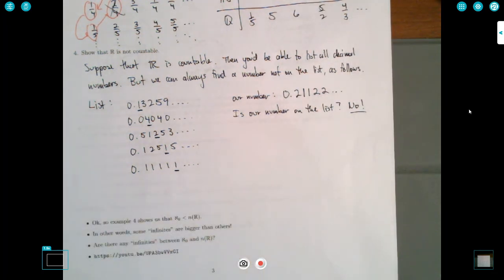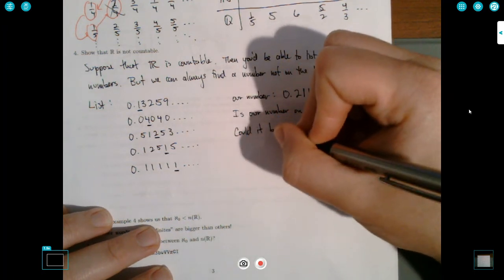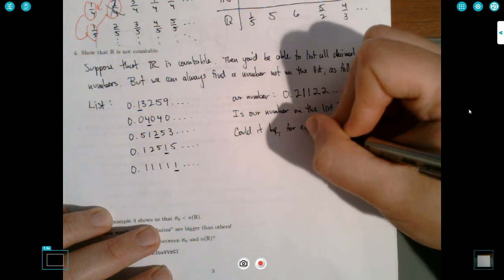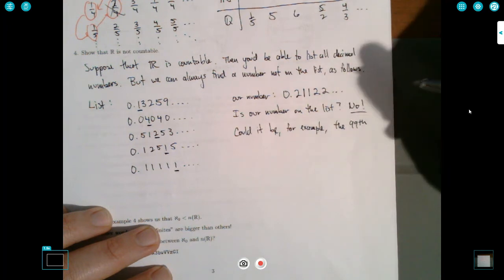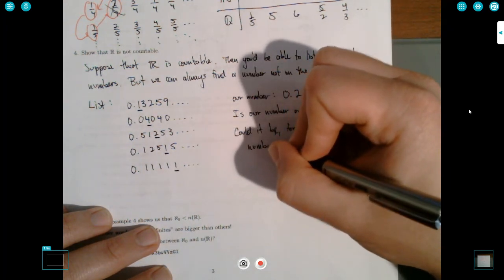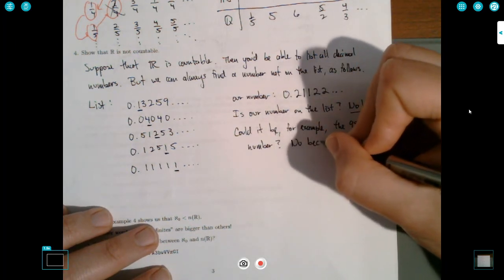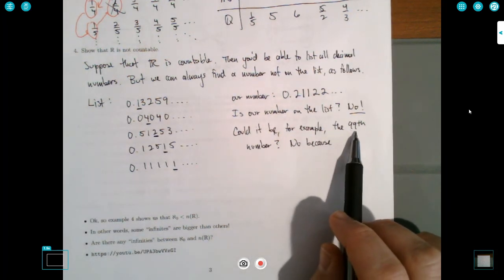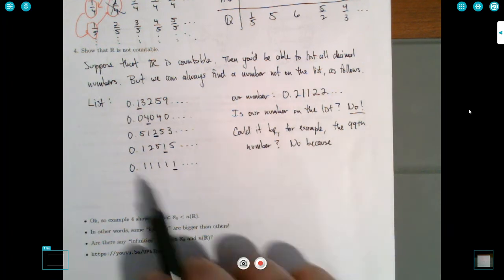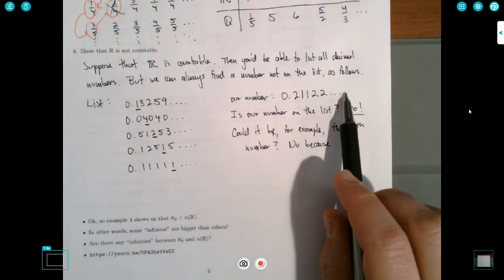Why not? Could it be, for example, the 99th number on the list? And the answer is no, because if the 99th decimal place of the 99th number on the list is a 1, then the 99th decimal place of our number is going to be a 2.